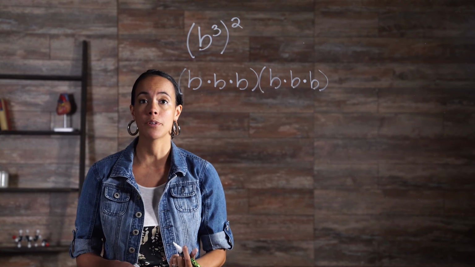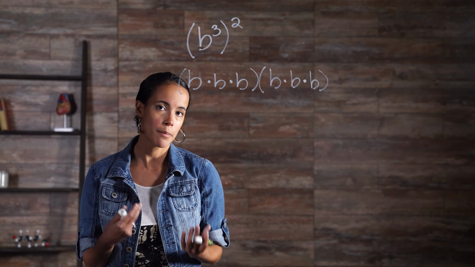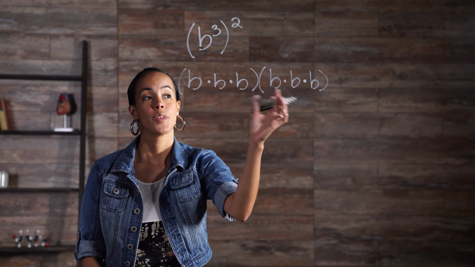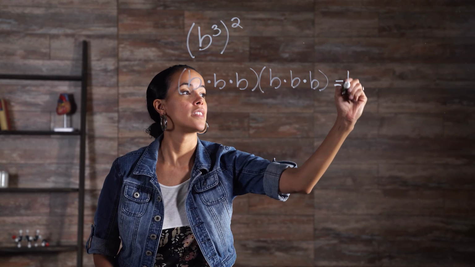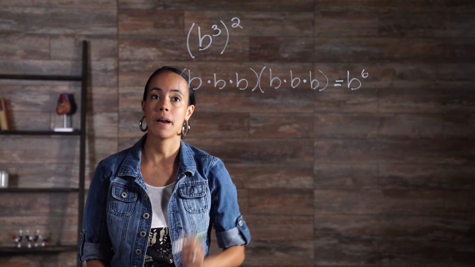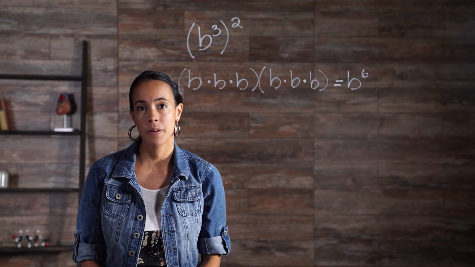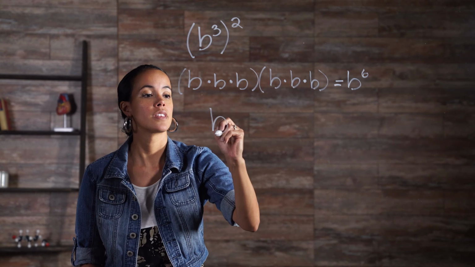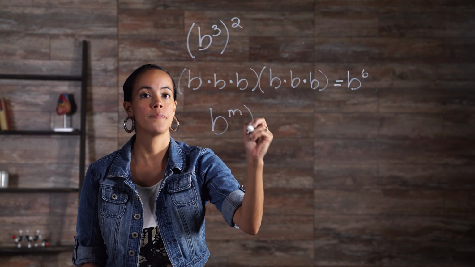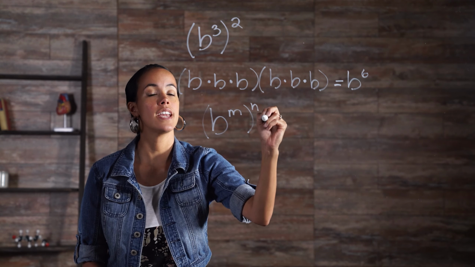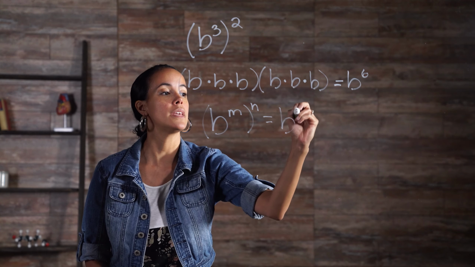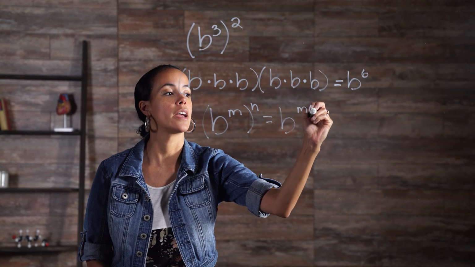Using the product of powers property, or simply counting up the bases of b, results in b to the sixth power. The general form of this property is b to the m raised to the n equals b to the m times n.